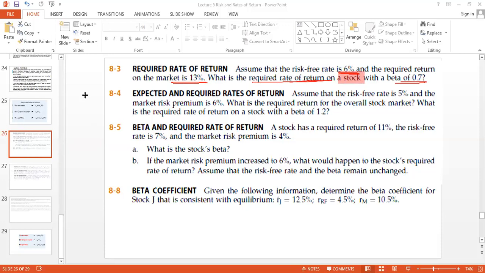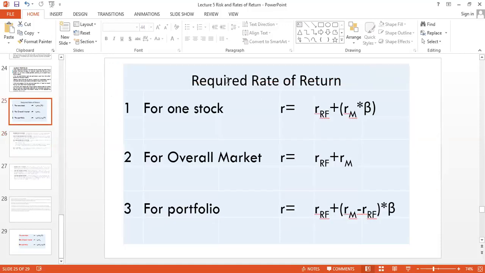Okay, so we have already learned that we have three different formulas. So we will take the first one, required rate of return for one stock.